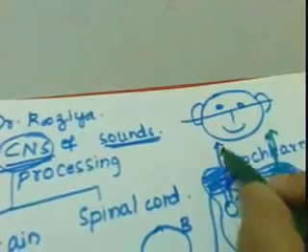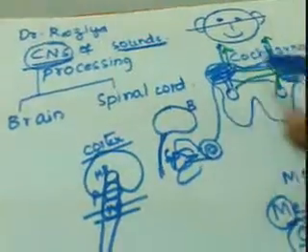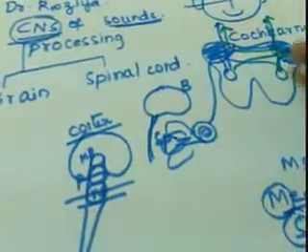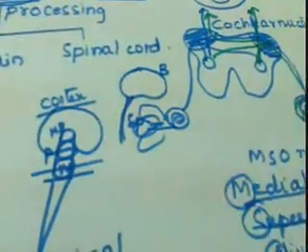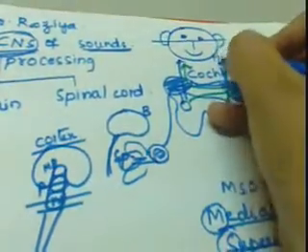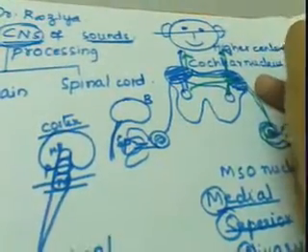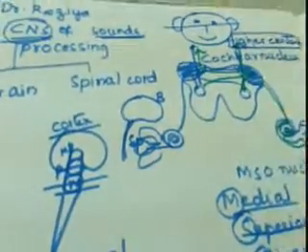So up to the cochlear nucleus it is the same side, and to the higher centers it is both sides. Information from both ears will go to the higher centers.